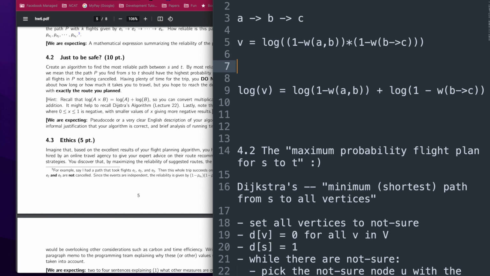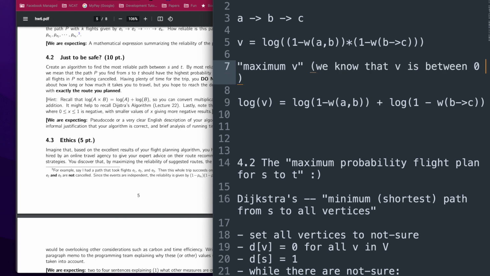And here we're trying to find the maximum V, and we know that V is between 0 and 1. So it turns out that the maximum V here is going to equal the minimum. Dijkstra doesn't work on negative weights, so one thing to notice is that if we take the logarithm of these values, they are going to be negative.